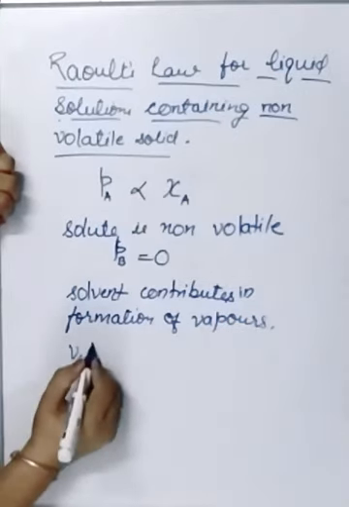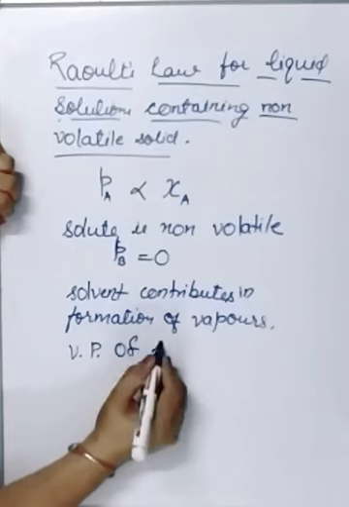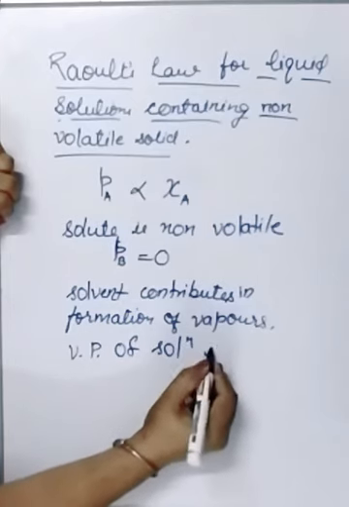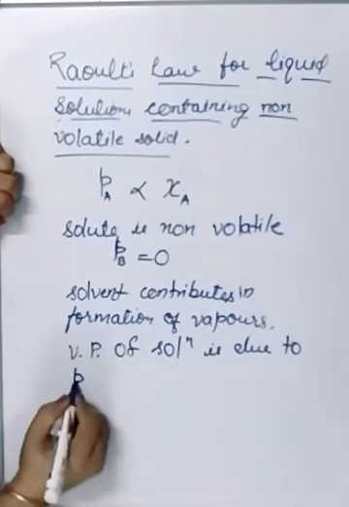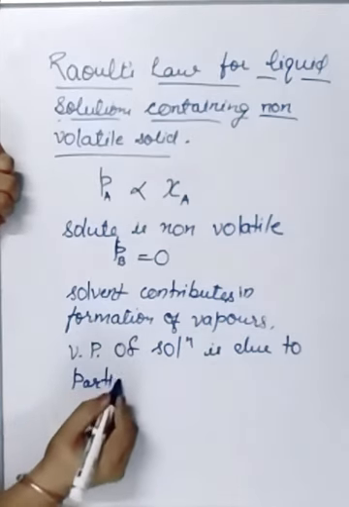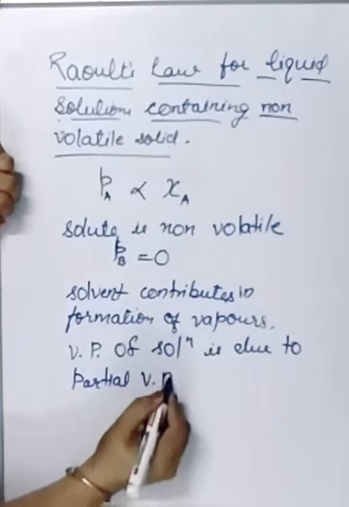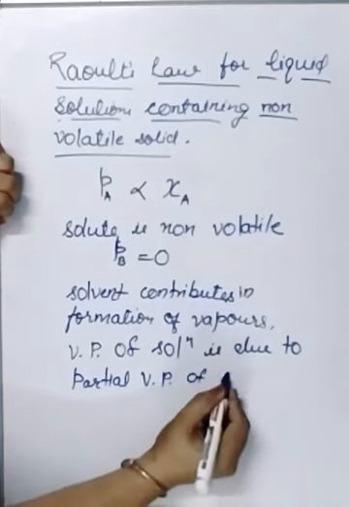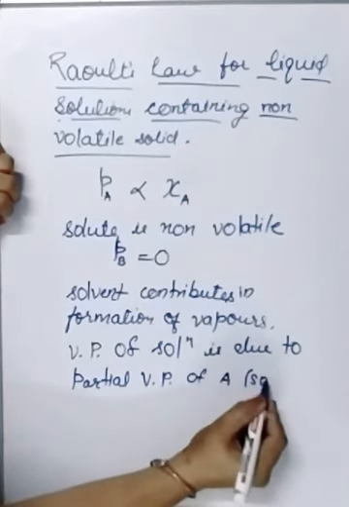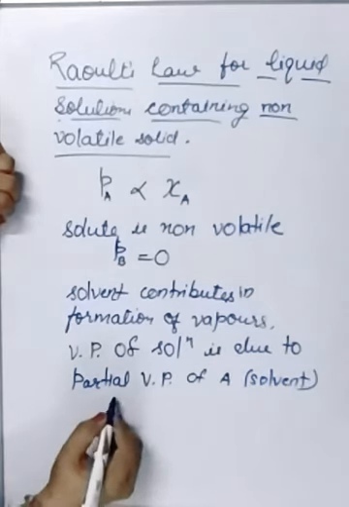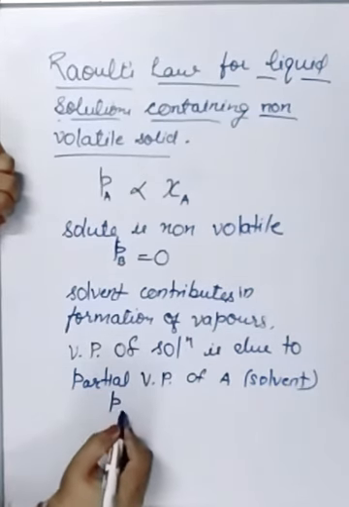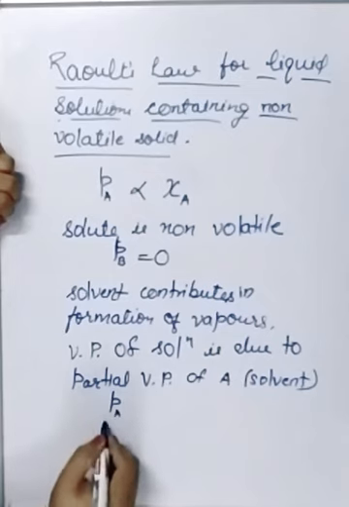So vapor pressure of solution is due to partial vapor pressure of component A, that is solvent, because it is volatile. So that means P is due to Pa.